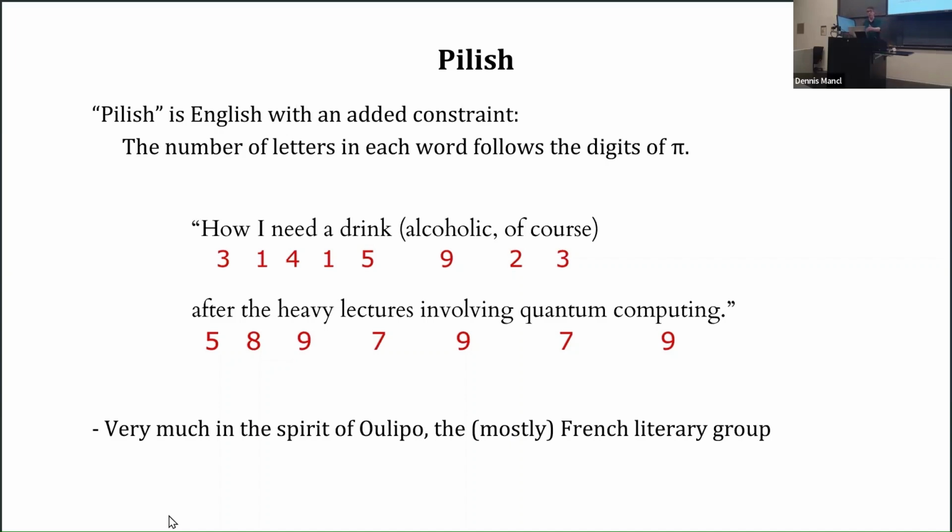And that's the thing that this group Oulipo has been all about since the 1950s. Almost all French writers. Georges Perec is one of the most famous, but there are many others.